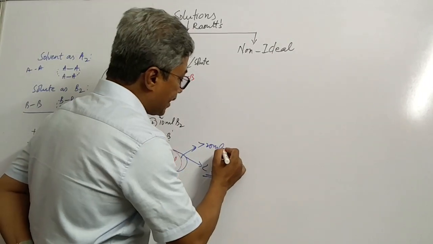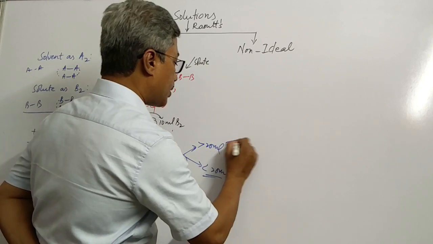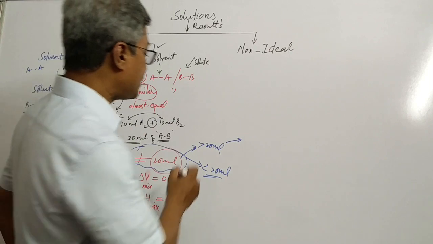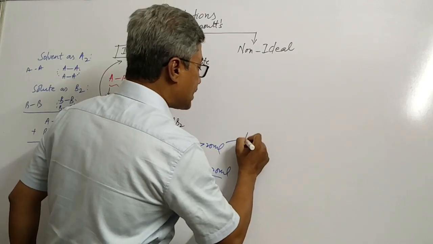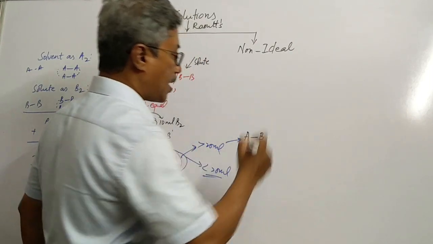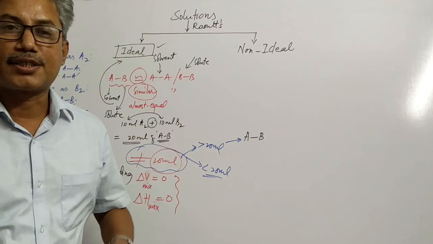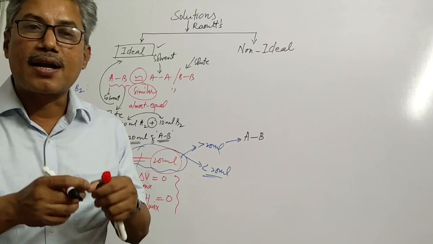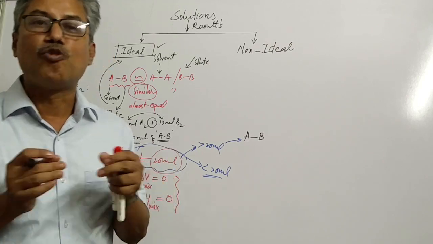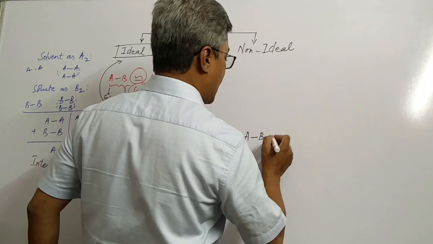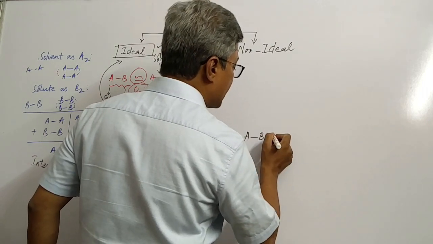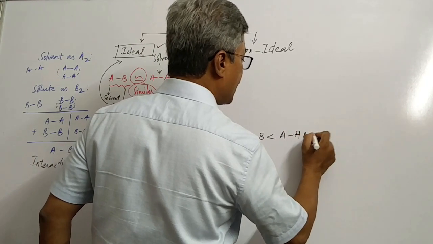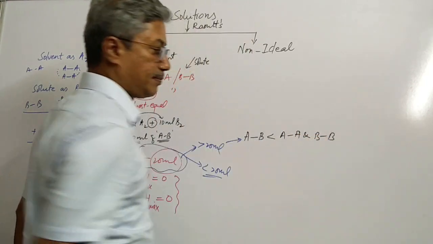See here, if it is more than 20 ml, see students, it is very much important. This more than 20 ml indicates that the AB interactions are weaker. Weaker means they do not attract strongly. This bond strength is weaker than AA interactions and BB interactions.